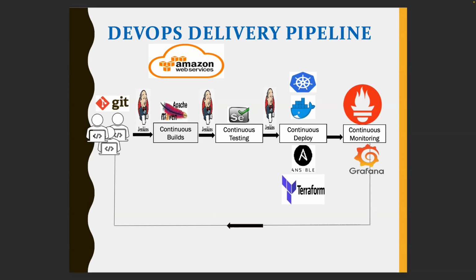Let's say I need a three-tier architecture: one for the web server, one for the database, and one for the API.